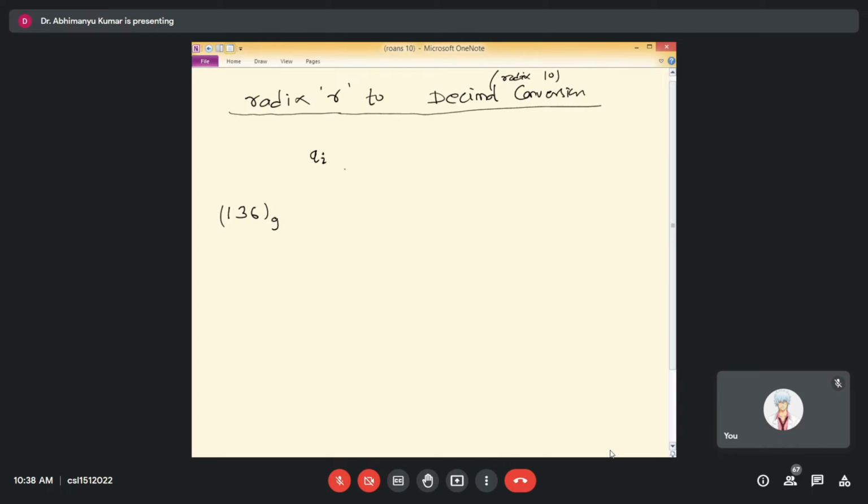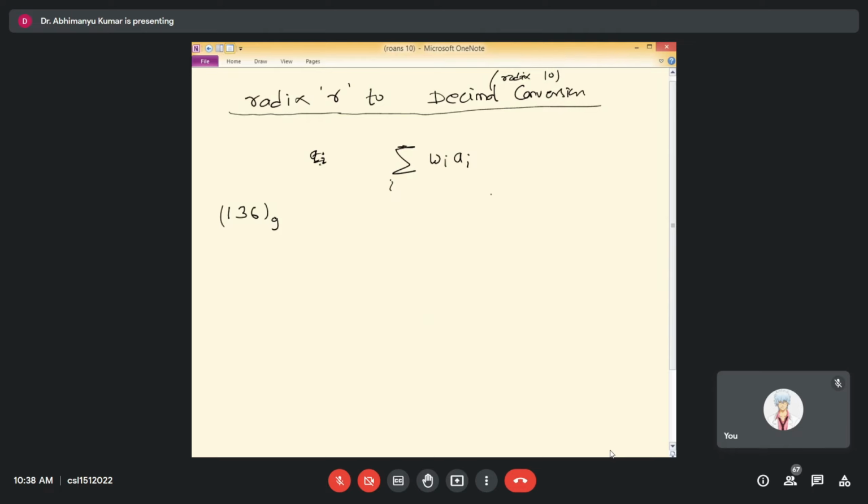Now the decimal equivalent of the quantity represented in radix R system can be computed by using this formula: summation over i, where i is equal to 0 up to n minus 1, depending on how many digits we have, of wi ai.